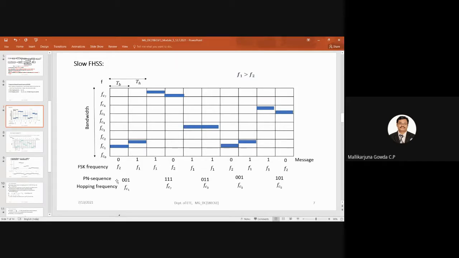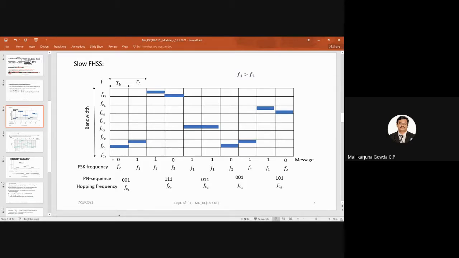So I said this is my information sequence, right? That will be frequency modulated by using two frequencies. Here I am using BFSK. I transmit 1 by frequency F1 and 0 by frequency F2, where F1 is greater than F2. Okay. So with respect to that, this is the bit duration I am showing here, and this one is the hopping duration.